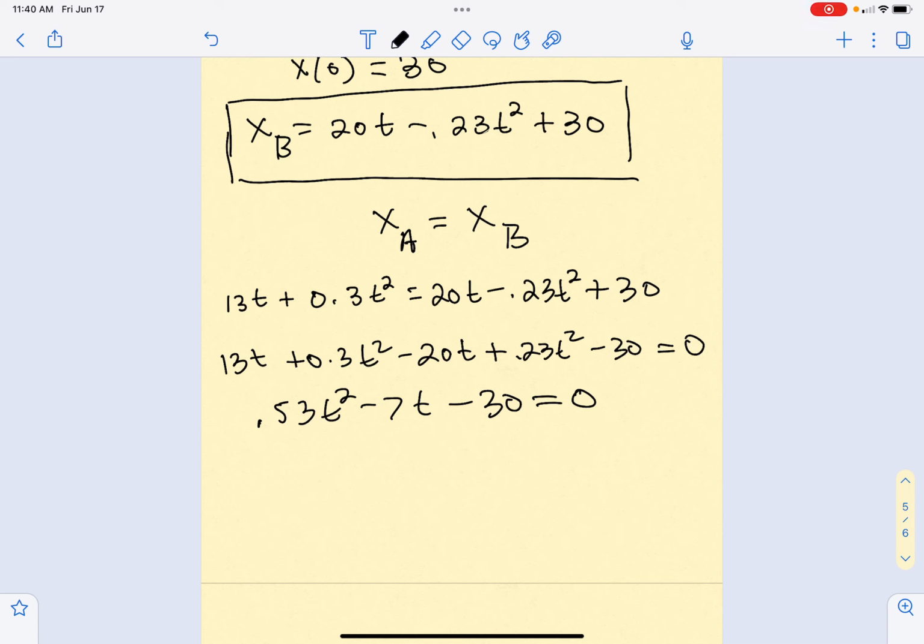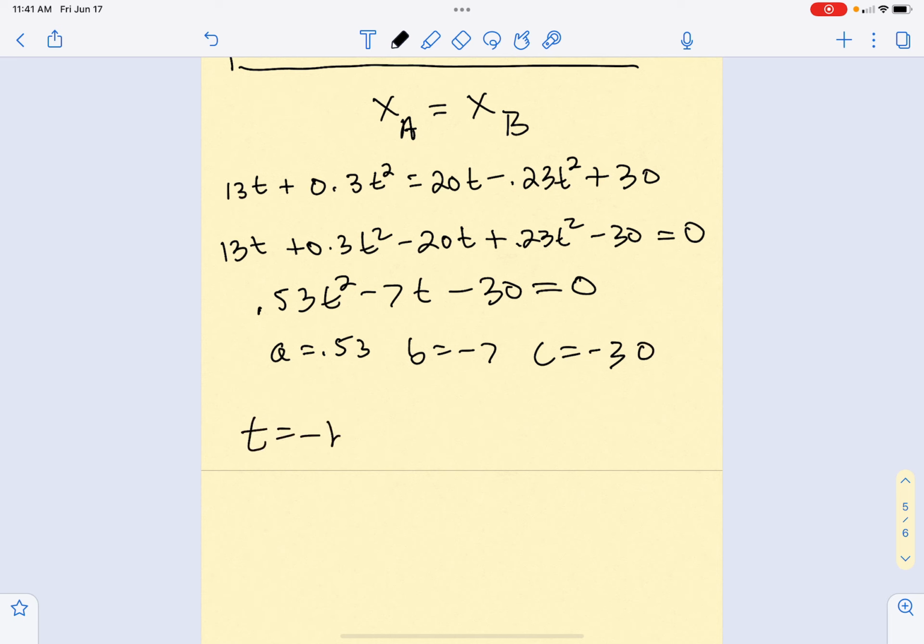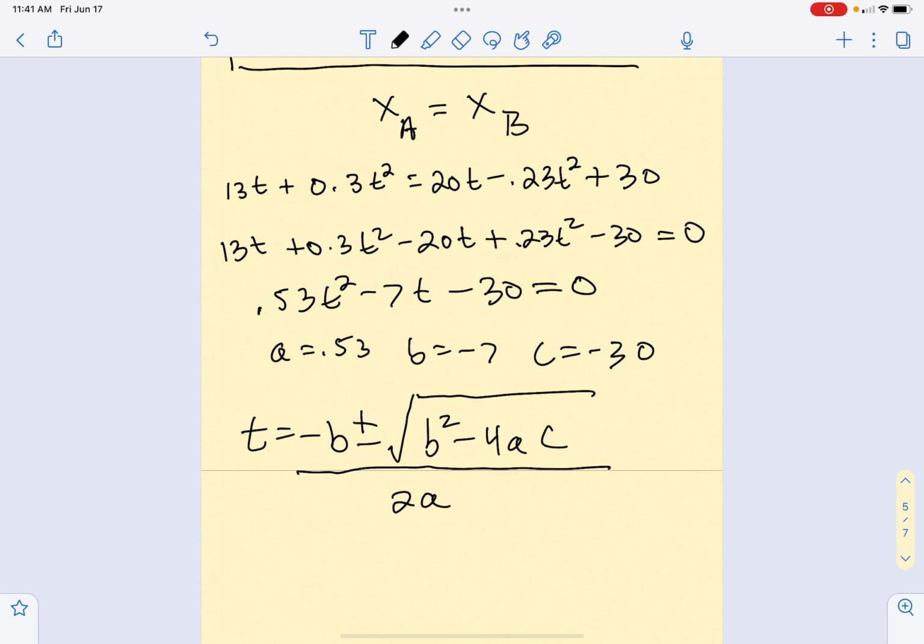So by the quadratic formula, I'm going to first put down what A is: 0.53, B is minus 7, and C is minus 30. So we'll have t equals negative B plus or minus the square root of B squared minus 4AC, all divided by 2A.